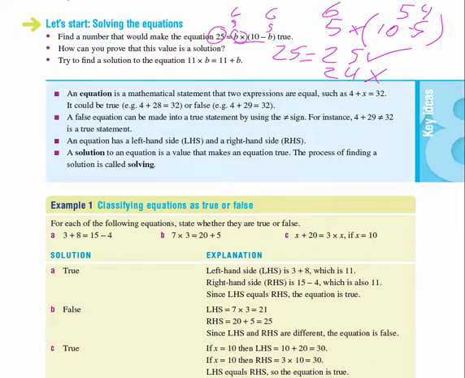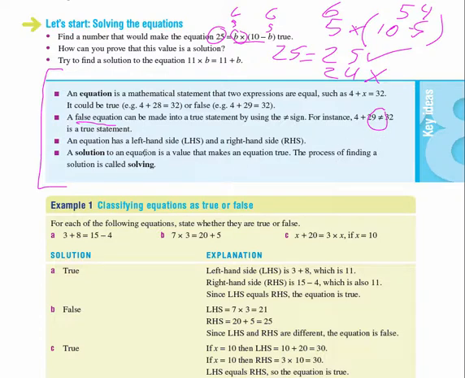So what do we need to know here in the blue? I'll let you pause this one to have a quick read, but essentially an equation is a mathematical statement that two expressions are equal. False equations are equations where the left side does not equal the right side, and we would use this symbol here, which means does not equal.